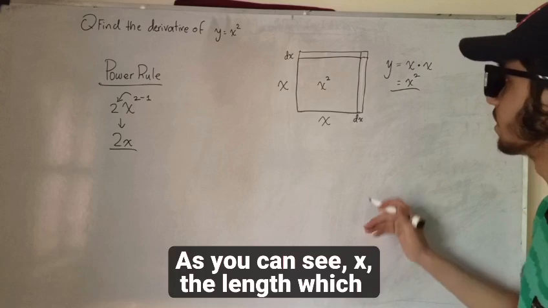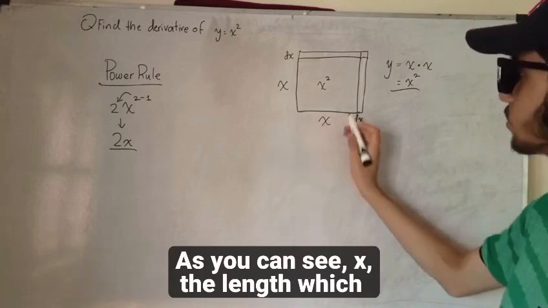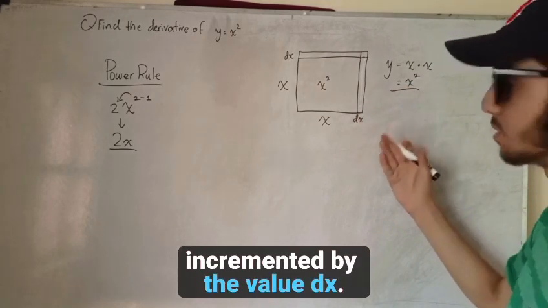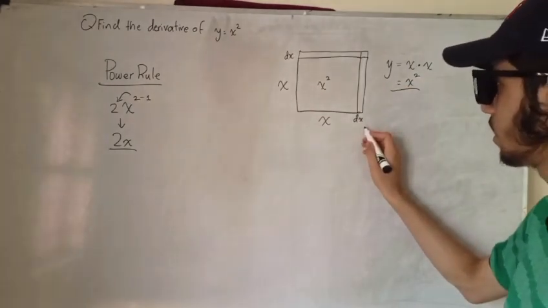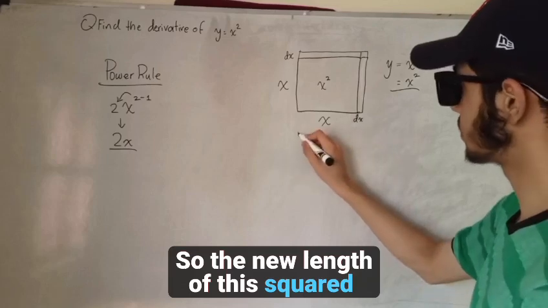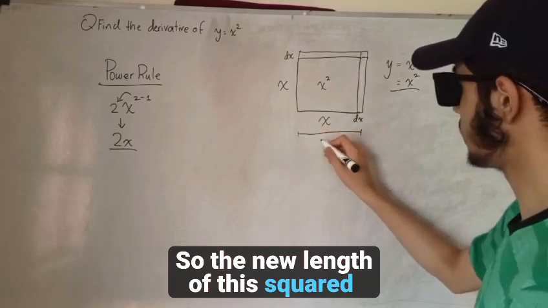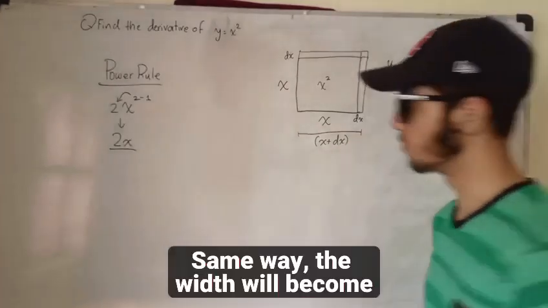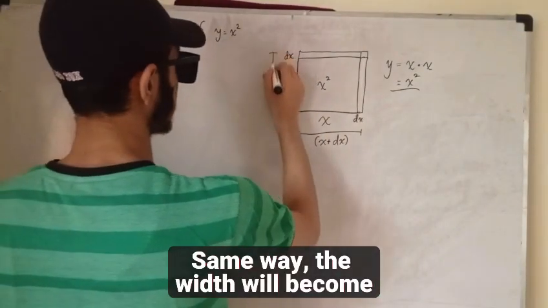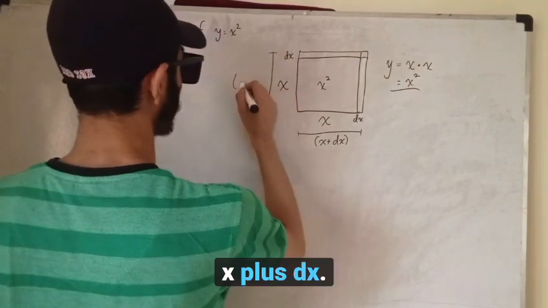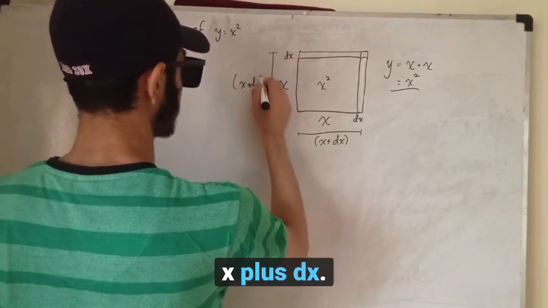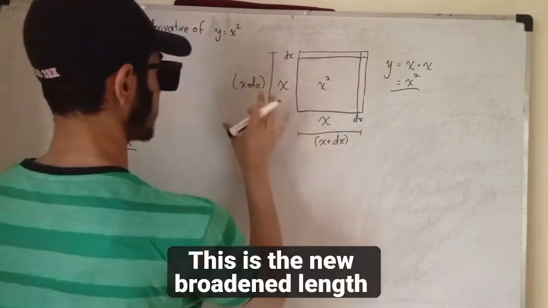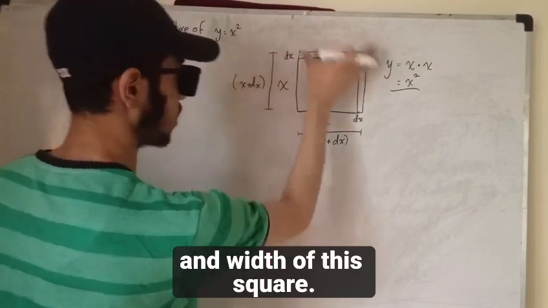As we can see, the length, which was originally x, has now been broadened or incremented by the value dx. So the new length of this square will be x plus dx. Same way, the width will become x plus dx. This is the new broadened length and width of this square.